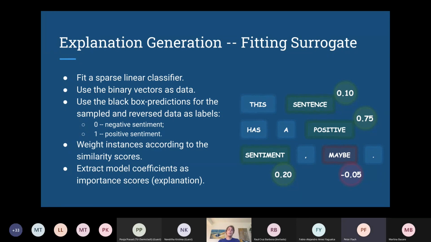Right, but it is additive, right? So it's sort of positive adds 0.75, maybe detracts 0.05. Yes, and that's because we are operating on binary vectors. So all of the features, the interpretable representation on which we train our local linear model, are zeros and ones.